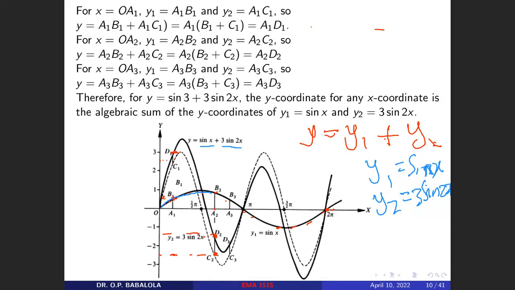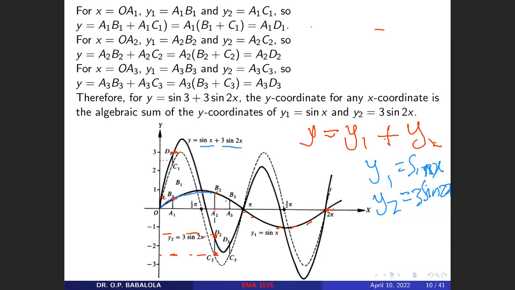Our amplitude is given as 3 for y2. So for the dotted one, the peak is at 3. That's the amplitude. For y1, the peak is at 1 because that's the amplitude. And then you sketch that up to your 2 pi, okay?